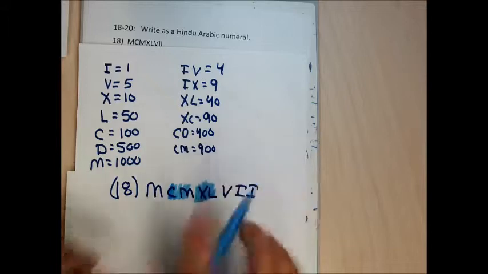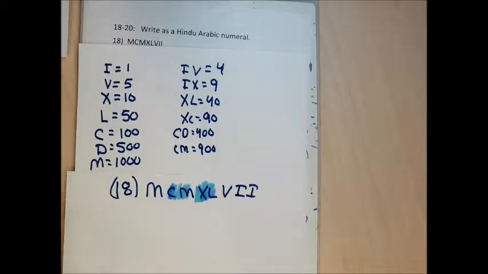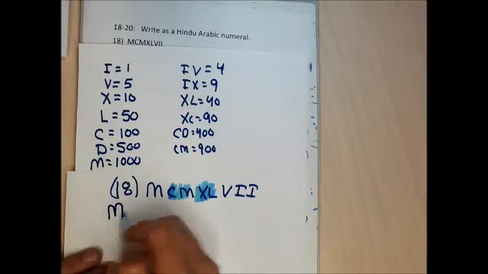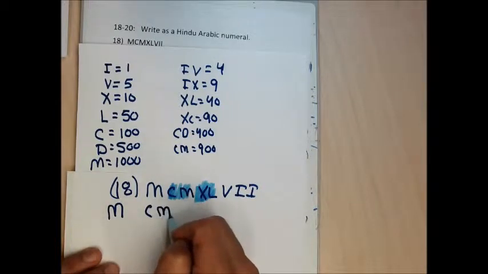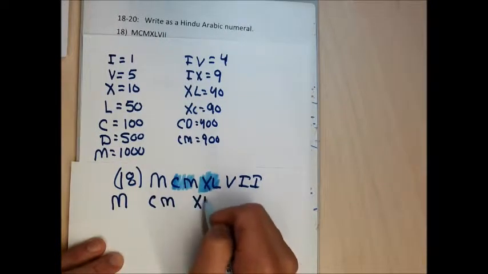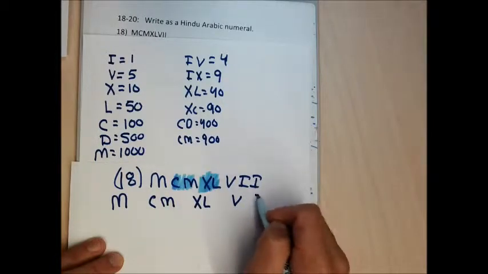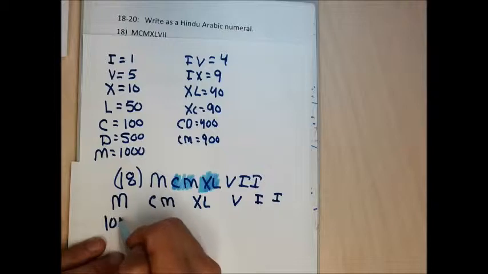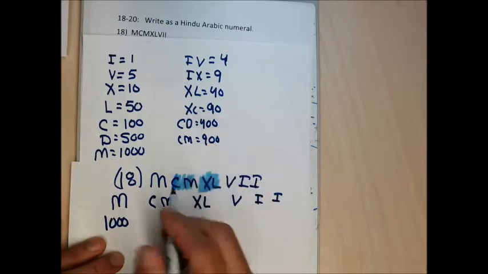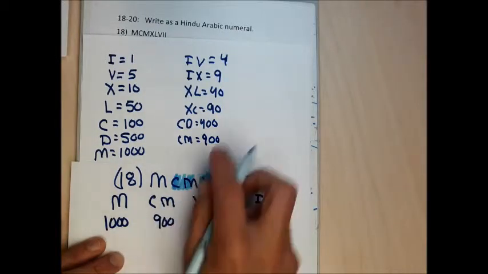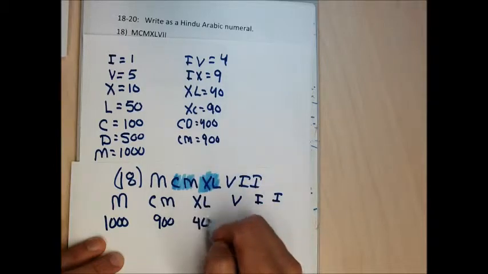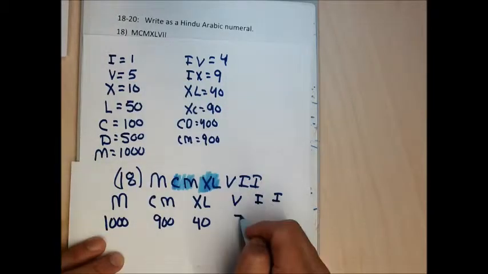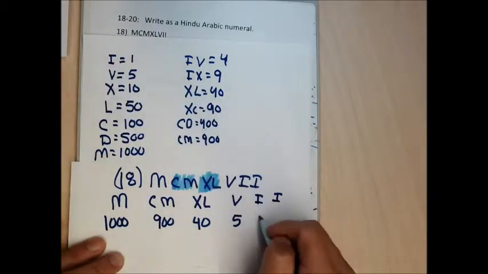So now I'm going to find values for everything that I have highlighted or unhighlighted. I'm going to find a value for the M, the CM, the XL, the V, the I, and the I. M is equal to 1,000. CM is equal to 900. XL is equal to 40. V is equal to 5. And each of the I's is equal to 1.